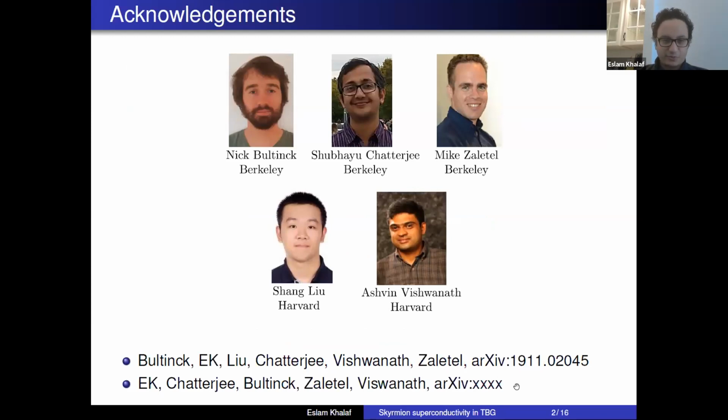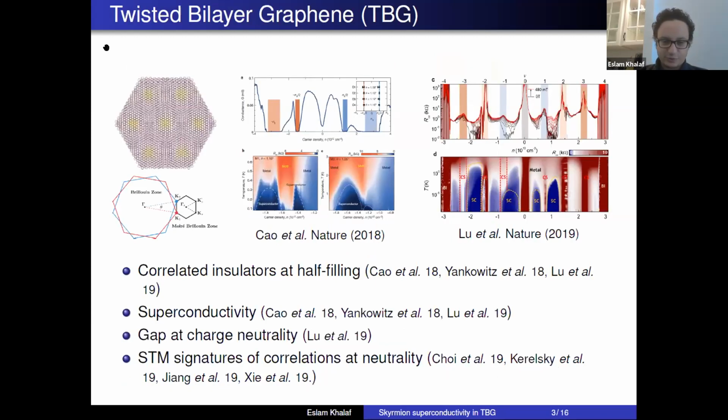So let me start with a very brief introduction to twisted bilayer graphene, which many of you have probably heard before. When we place two graphene sheets on top of each other and twist them by a small angle, a so-called moiré pattern is generated, which has a much longer wavelength than the underlying graphene lattice. As a result, the band structure gets reconstructed in momentum space into a much smaller Brillouin zone called the moiré Brillouin zone.